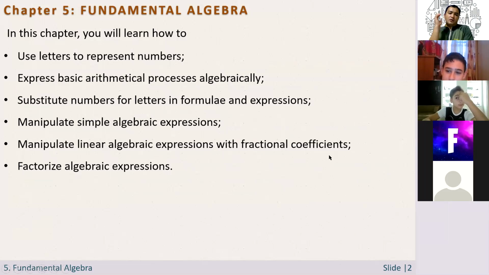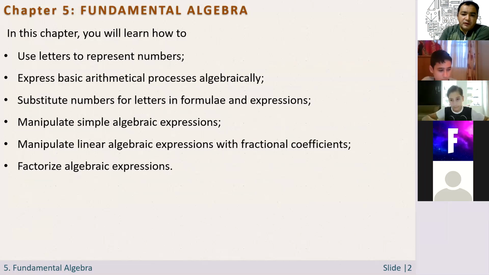So what we have done so far is, I assume that you understand how to use letters to represent numbers, right? And also what we mean by the sum of, the difference of, the quotient of. We have addition, subtraction, division, and multiplication.